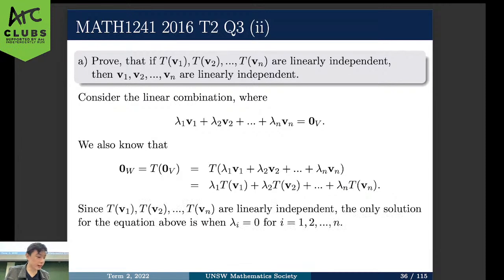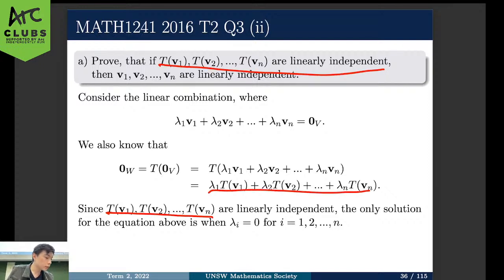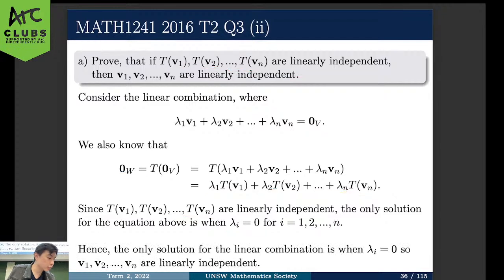And what we actually find is that since these vectors are linearly independent, as seen in the question right here, the only solution to this equation is having all of the lambdas be equal to 0. So that automatically means that since we took the lambdas from this equation right here, that equation also only has the solution of lambda being 0. So what we've shown is that v1 to vn are indeed linearly independent.